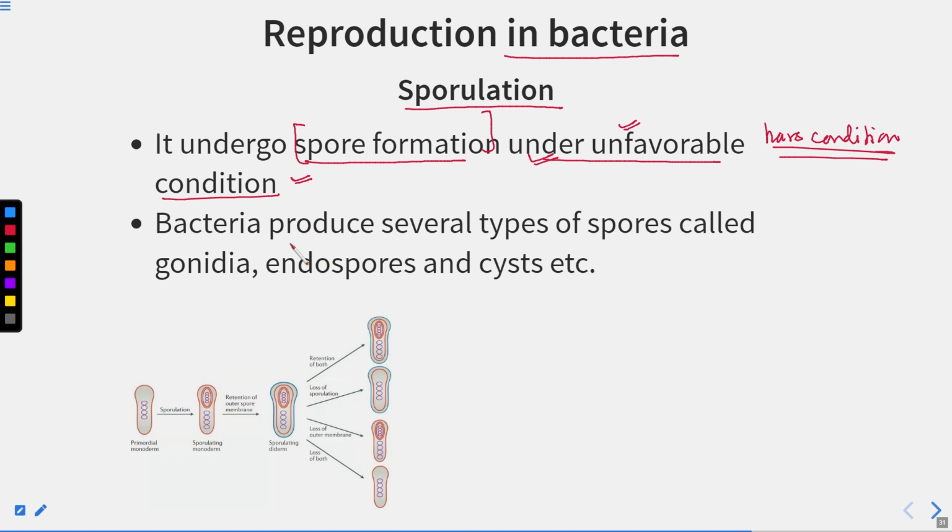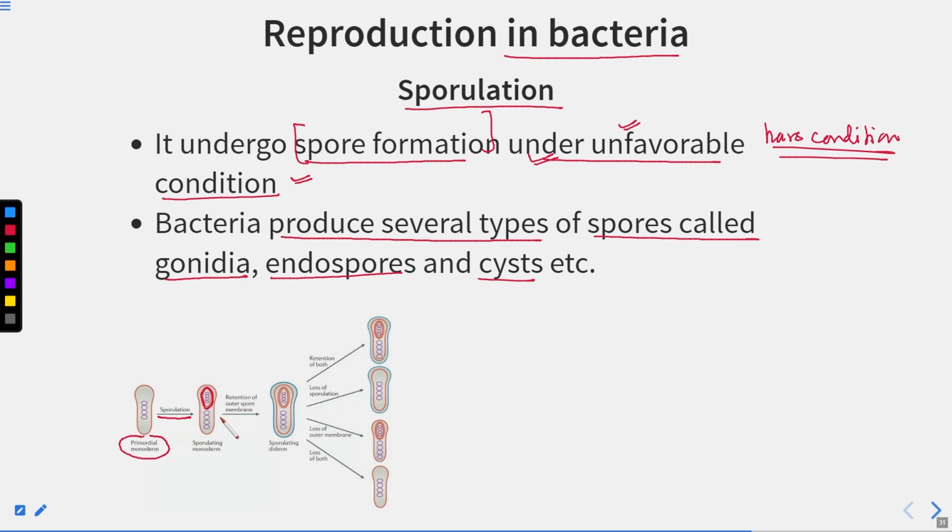So what does the bacteria do? Bacteria produce several types of spores called gonidia, endospores and cysts. So here you can see the primordial monoderms, sporulation. Its nucleoid divides, and it forms a covering over it.